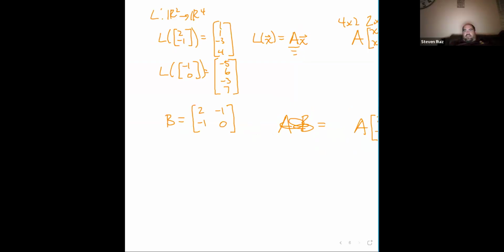So what we're going to work with here is going to look similar to what we did when trying to find an orthogonal projection by normalizing a matrix. Here's what we know that A does.